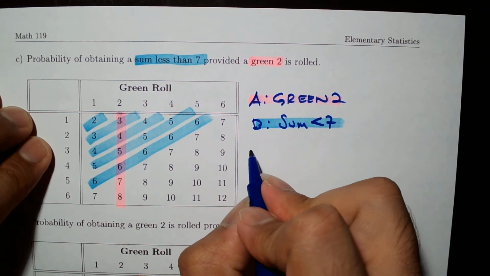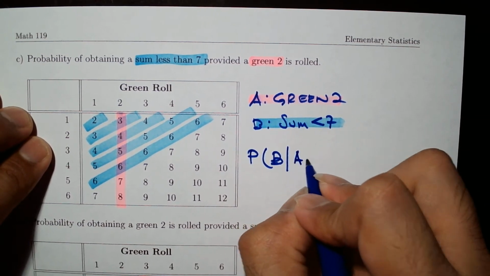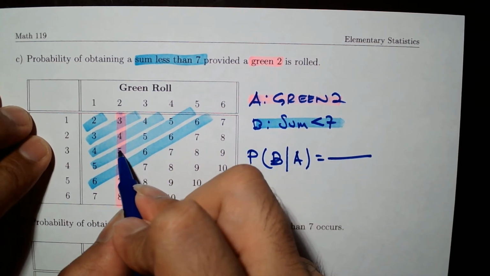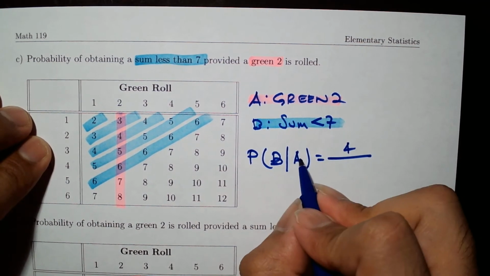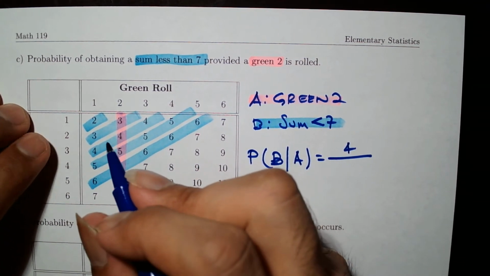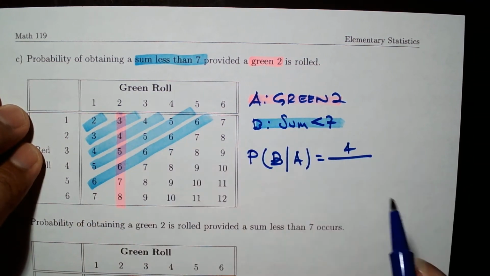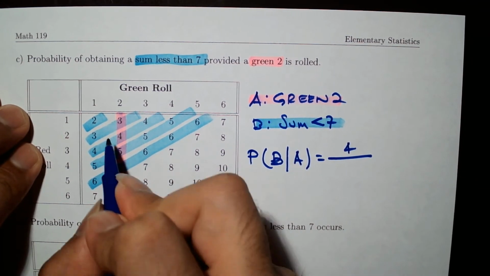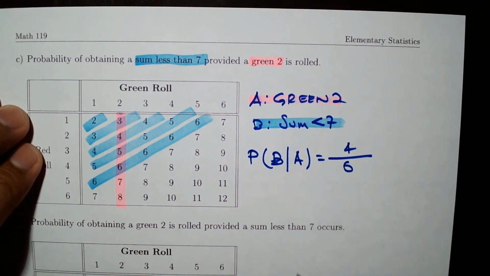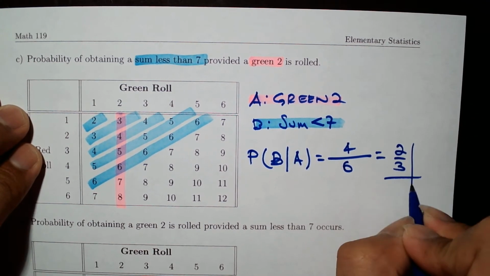Alright, so the probability that B occurs, provided A happens first, is going to be the number of overlaps in the numerator, which is 1, 2, 3, 4, over the probability that A occurs. In this case, how many do we have? So A, which is a 2, so in this case there's a total of 6. 1, 2, 3, 4, 5, 6, which is the event I have in pink. Reducing this to lowest terms, we get 2/3.